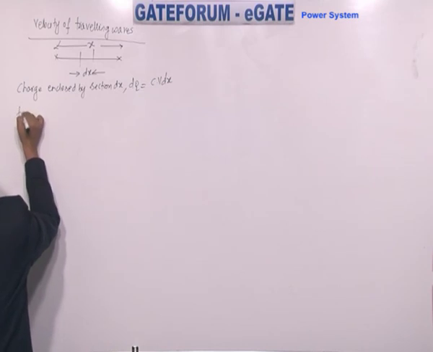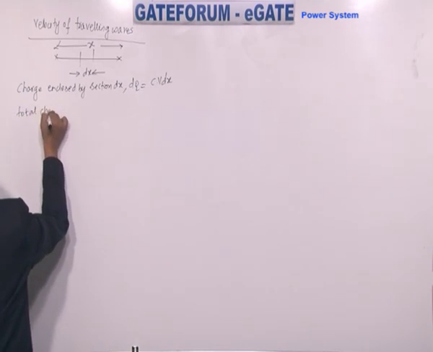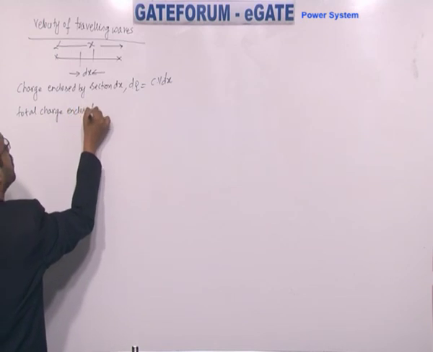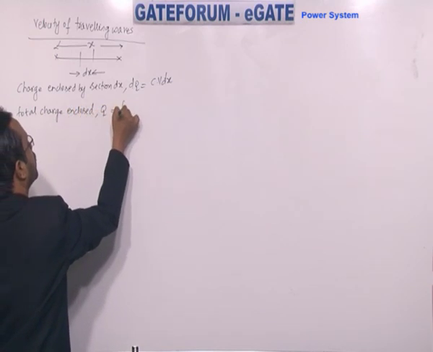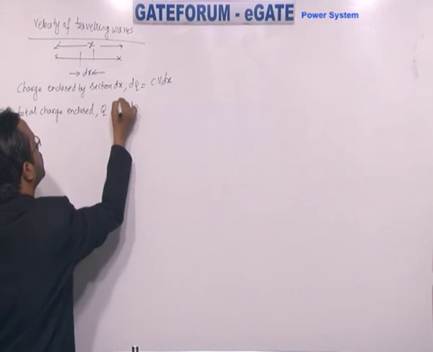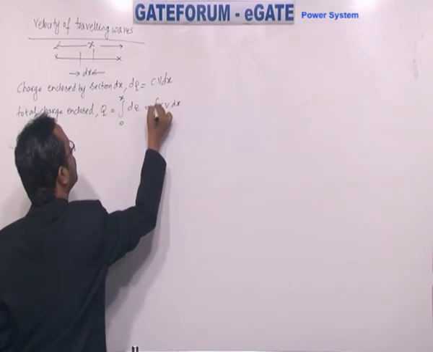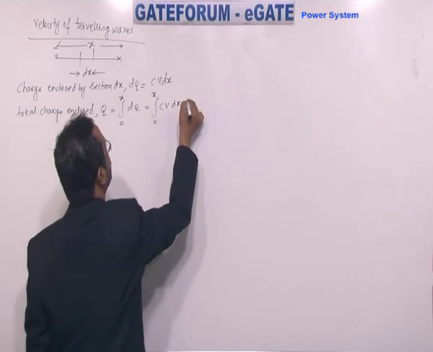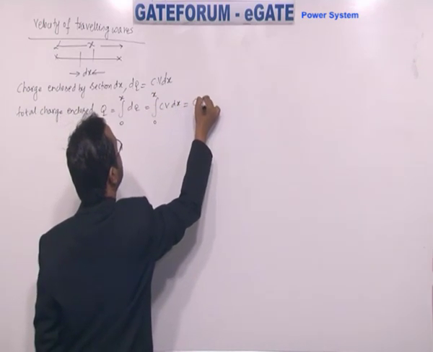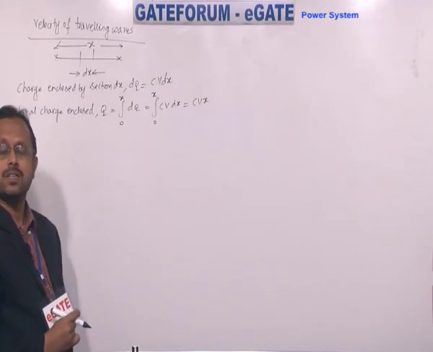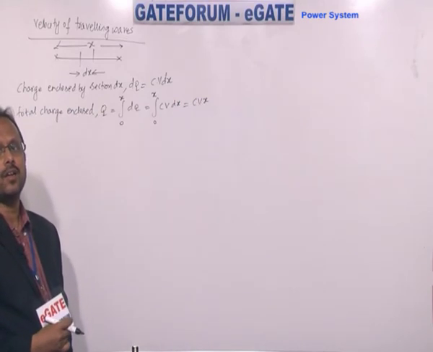Then how do you find the total charge enclosed? Q, we integrate dq between 0 and x. On simplifying, how much do you get? CV into x. Once you know the charge, you can find the current.